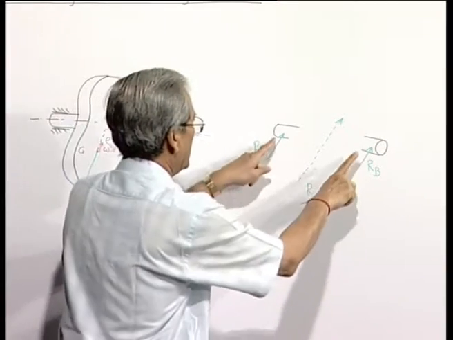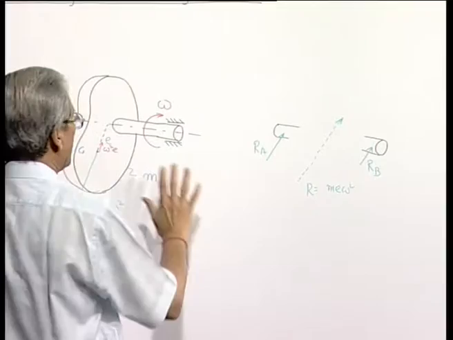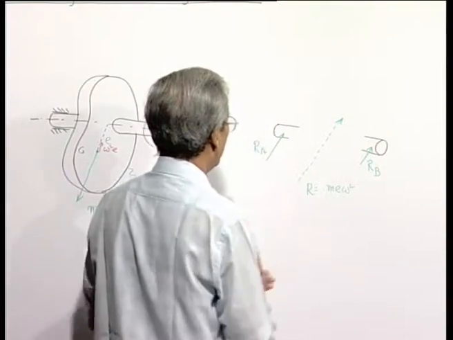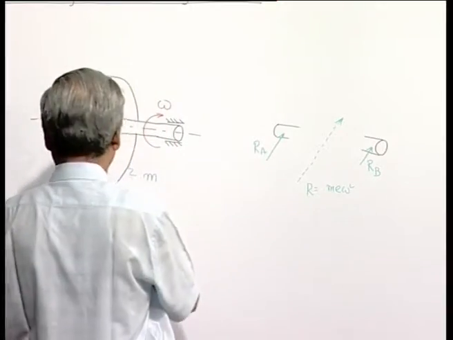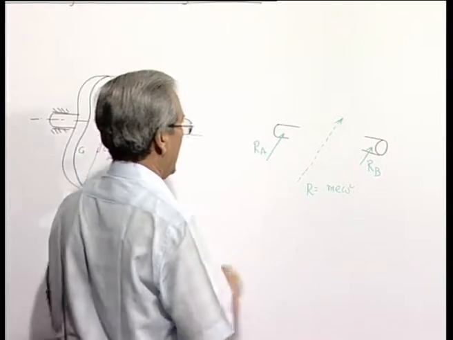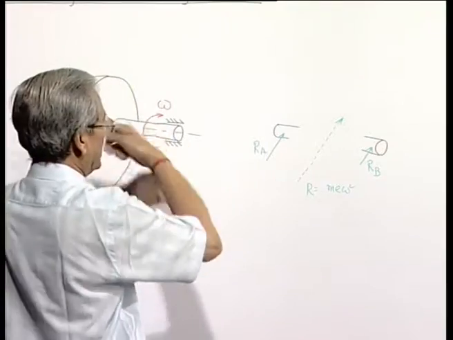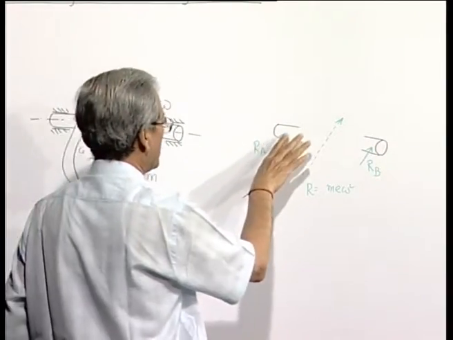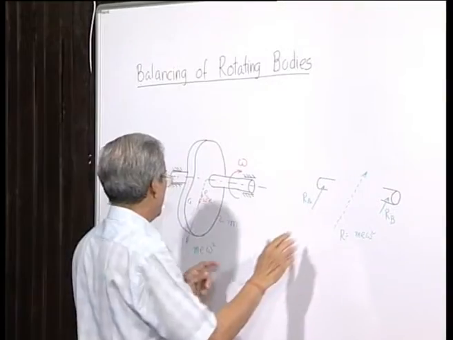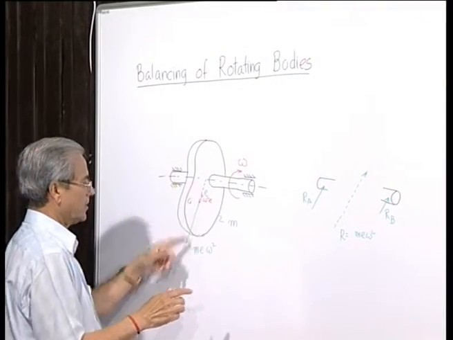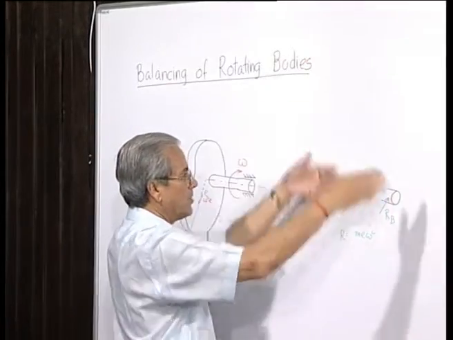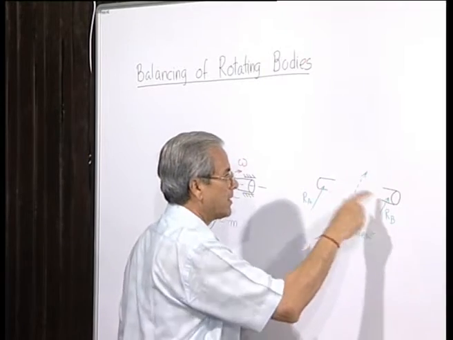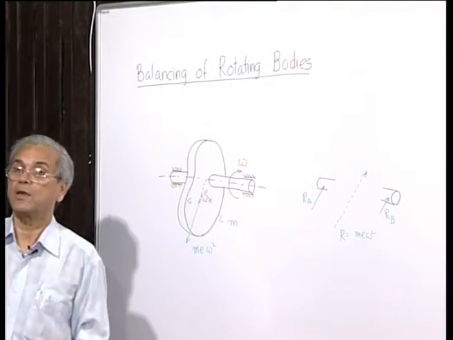Therefore, for dynamic equilibrium, the two bearings or supports will be subjected to two forces whose resultant is equal and opposite to this. And since the whole thing is rotating, these two forces, which are also in the same plane, that means the plane constituted by R A and R B, also contain the centrifugal force, and the whole plane is rotating with a speed omega. So for these two forces, though their magnitudes are fixed, their direction is continuously changing.